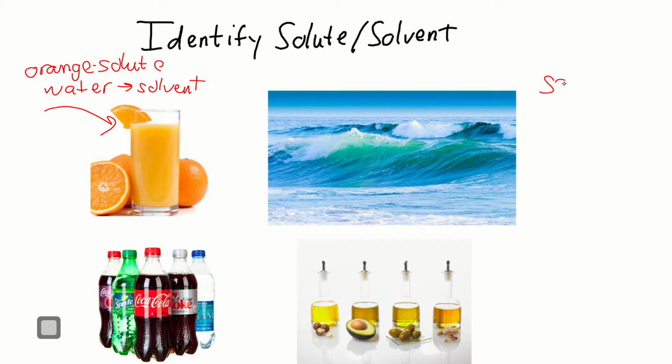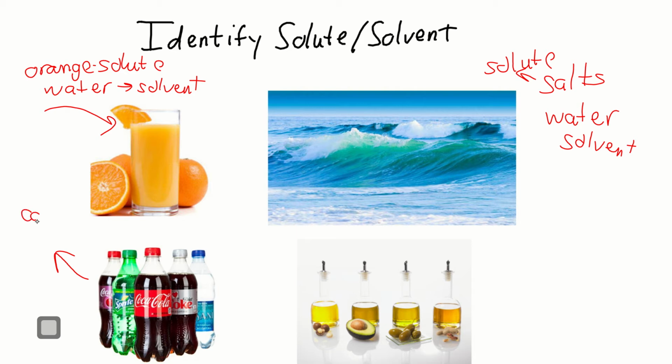What about the ocean? That's a pretty simple one. There's salts, which would be our solute, and water is my solvent. You're going to see kind of a theme here. There's only one in here that's not going to be water as a solvent. Soda: we could talk about carbon dioxide, basically carbonation, as a solute.